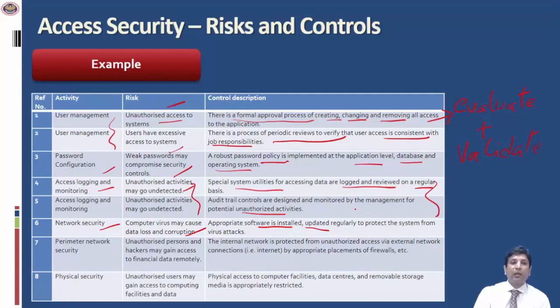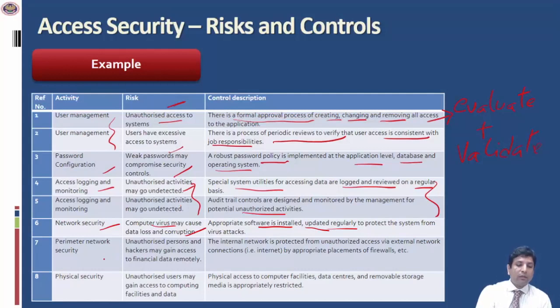As a result, it is not able to protect the systems from newer viruses or newer malware. So it is very critical to protect the system from virus attacks. Another control that could be implemented is regular update of patches at the operating system level or the database level to prevent the risk of viruses attacking any system.